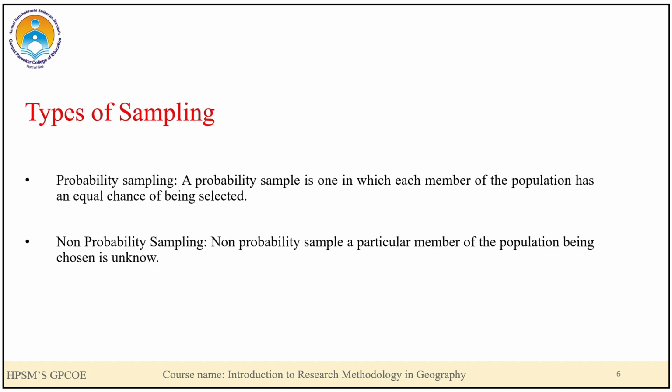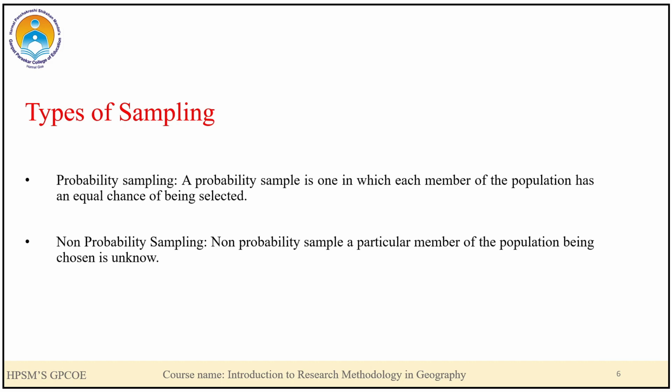Now let us focus on the types of sampling. First, we have probability sampling and non-probability sampling. So what do you mean by probability sampling? A probability sample is one in which each member of the population has an equal chance of being selected, whereas in a non-probability sample, the chance of a particular member of the population being chosen is unknown.